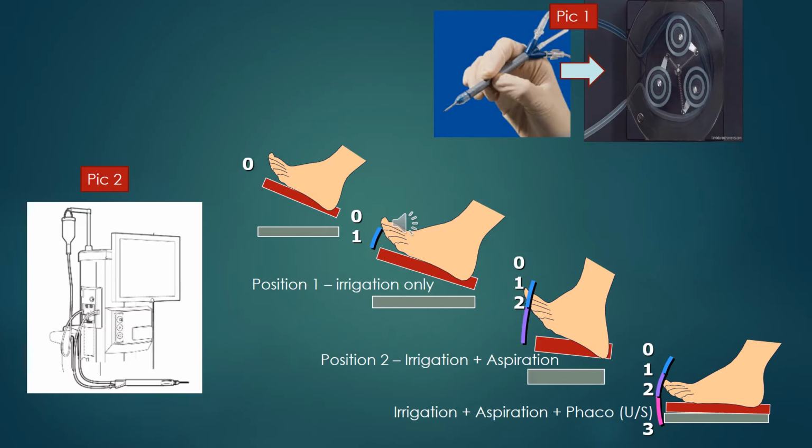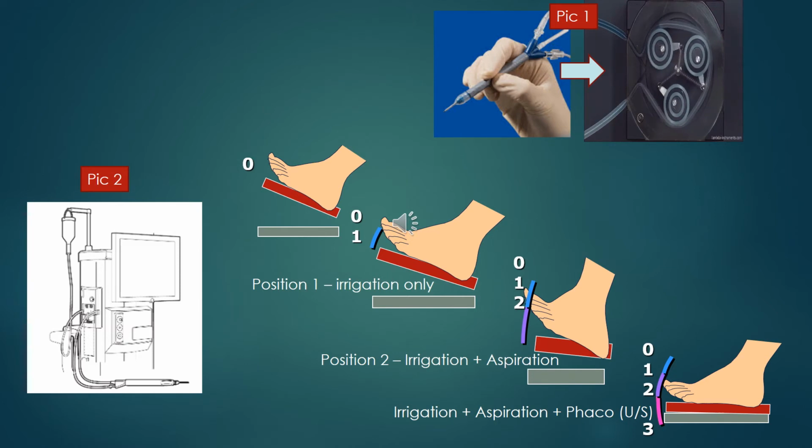Now the question is, when does it draw the fluid from the eye? How is it related to the foot pedal? And if it is drawing fluid from the eye, how is the fluid getting replaced in the eye? To understand this, you have to see picture 2. What happens in a phacoemulsification machine is that fluid is drawn from the eye, which we call aspiration.